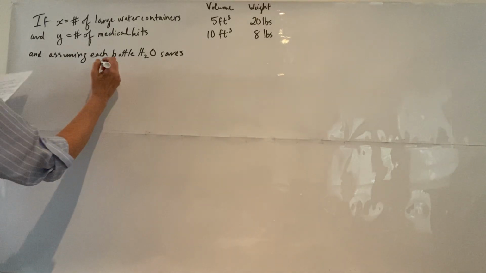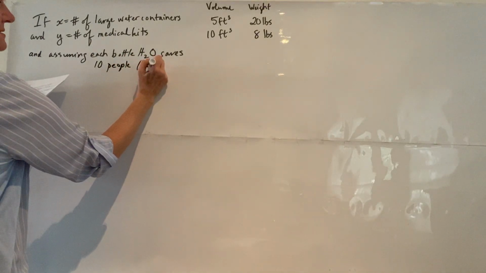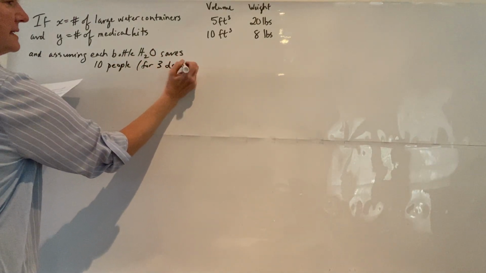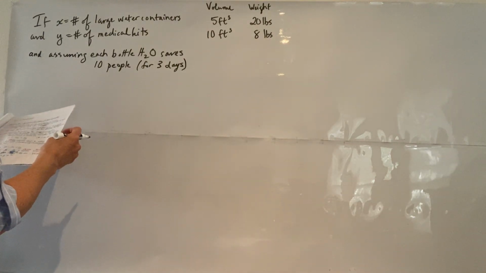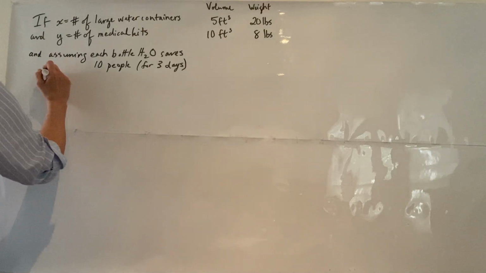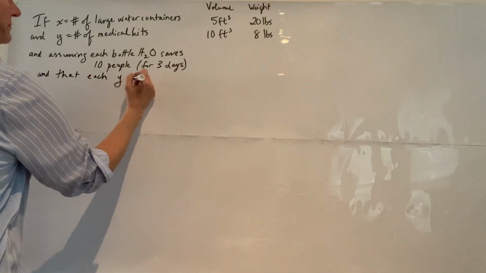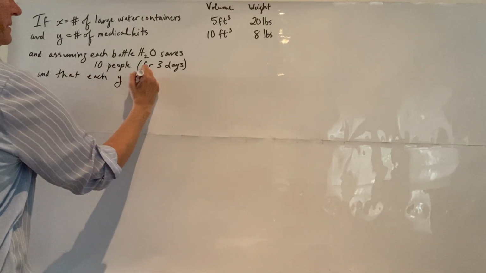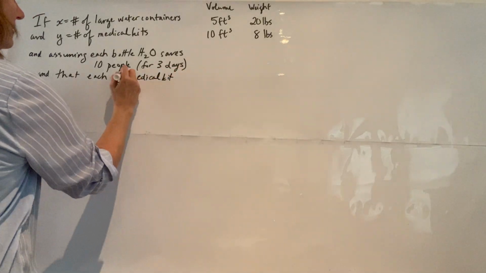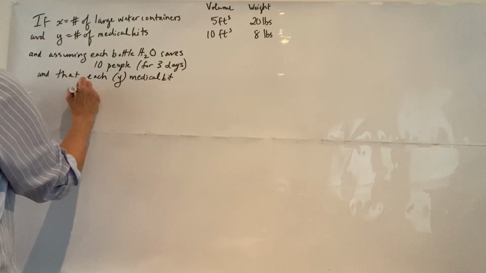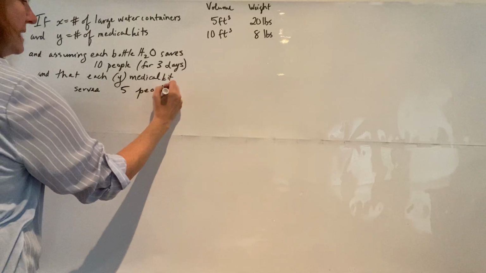Oh yeah, saves 10 people for 3 days. So we're talking about sending the supplies that will help people get through the next 3 days, right? And that each medical kit, tent, whatever, each medical kit serves 5 people.